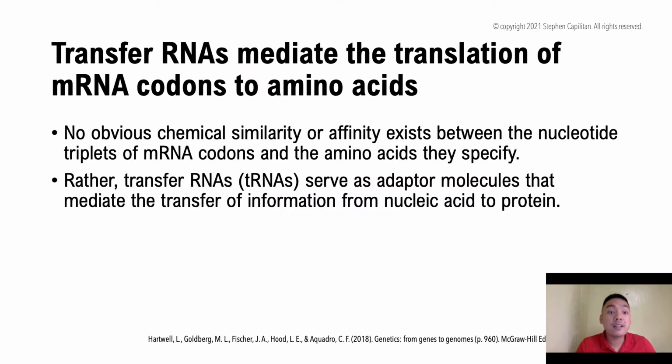Let's talk about tRNAs, or what we call transfer RNAs. tRNAs mediate the translation of mRNA codons to amino acids. There is no obvious chemical similarity or affinity existing between the nucleotide triplets of mRNA codons and the amino acids they specify. Rather, tRNAs serve as adapter molecules that mediate the transfer of information from nucleic acids to proteins.